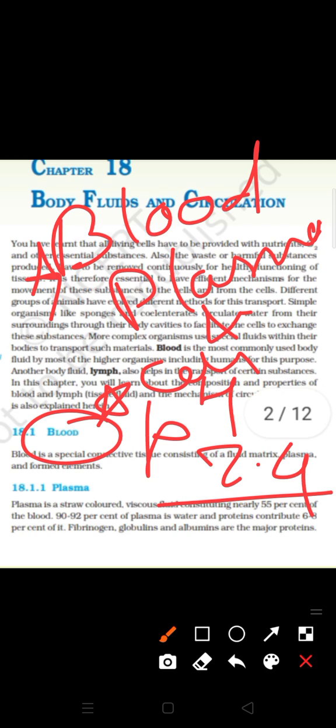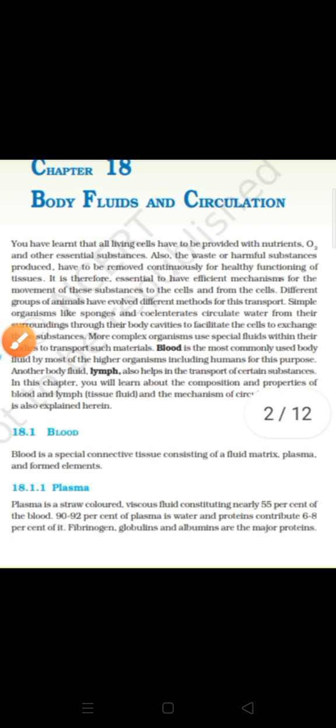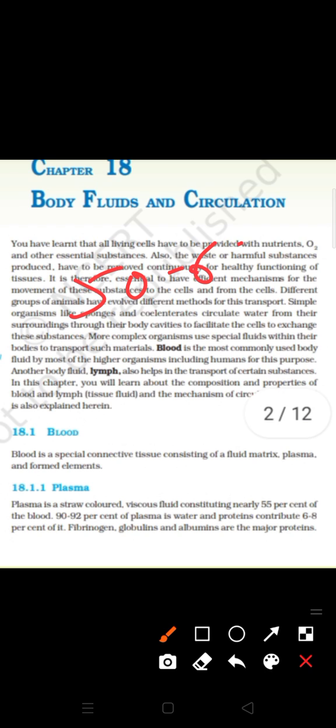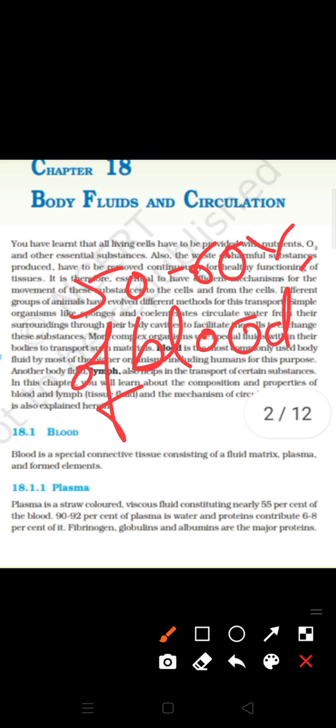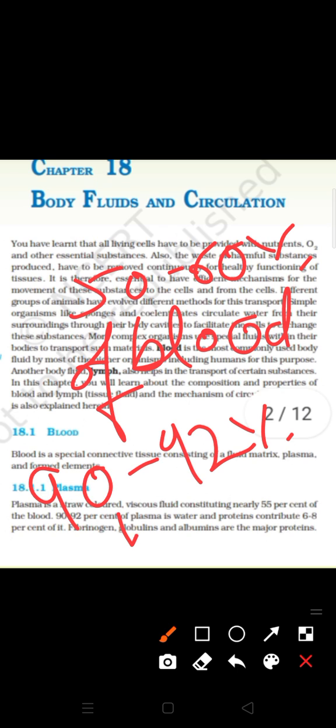Firstly, we will discuss blood plasma. Blood plasma is a straw colored crystallocolloidal mixture. Please note down all the things which I am telling you. It makes up 50 to 60% of blood; in blood, 50 to 60% is plasma only. 90 to 92% water is present in plasma, and 0.9% salt is present there.